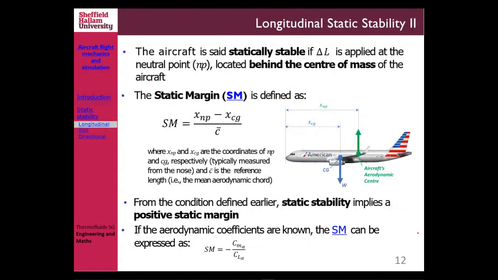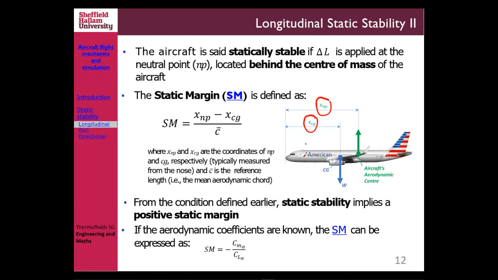Okay, now if you look at it in a very simple way like this, then remember that the CG has to be ahead of the aircraft aerodynamic center in order to make it longitudinally stable. So if you measure the distance of your neutral point, which in this case I put as x_np, but it is basically the location of your aircraft aerodynamic center, and then x_cg, if you measure it from the nose, we call it x_cg.